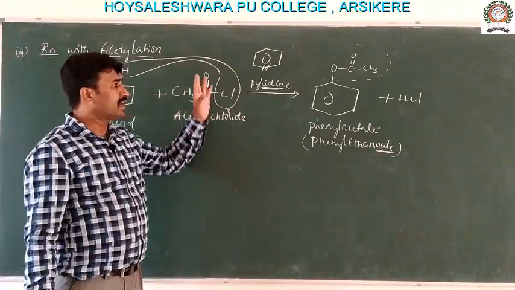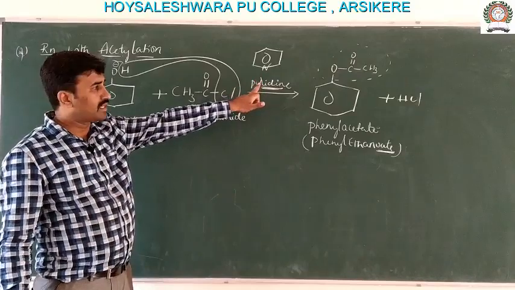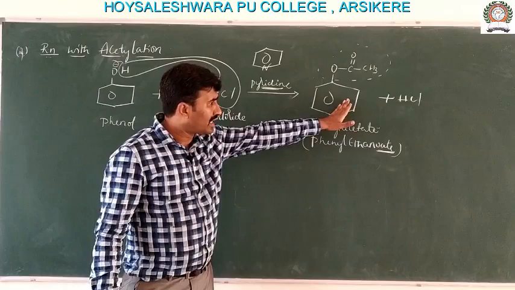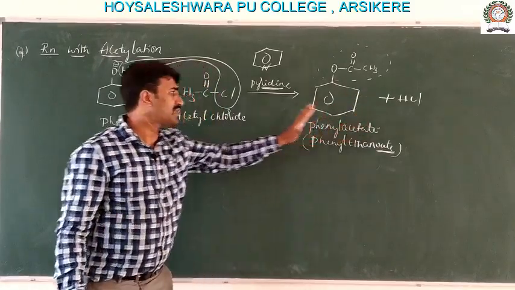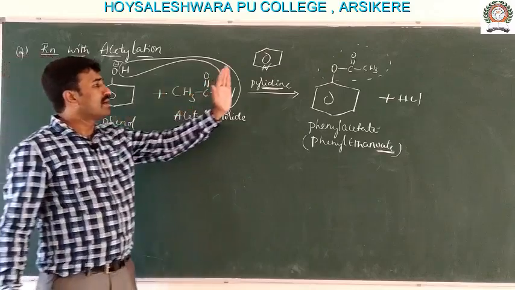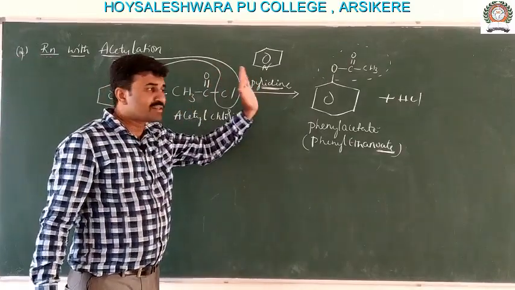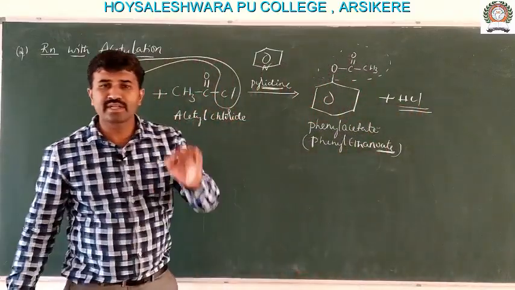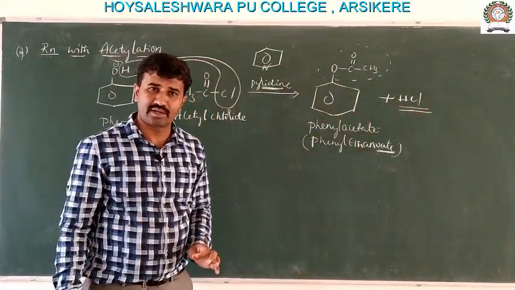That means if we do not use the pyridine, the phenyl acetate and HCl again combine together to form what? Acetyl chloride and phenol. Therefore, catalyst pyridine is used to remove the HCl in the form of pyridinium chloride, hydrochloride.